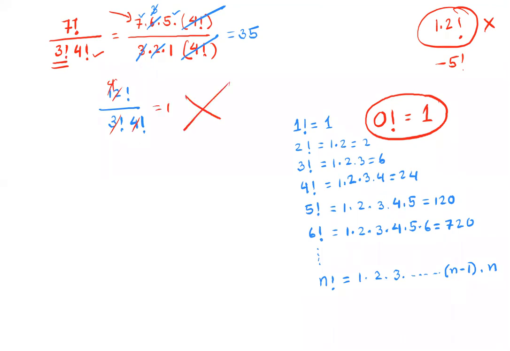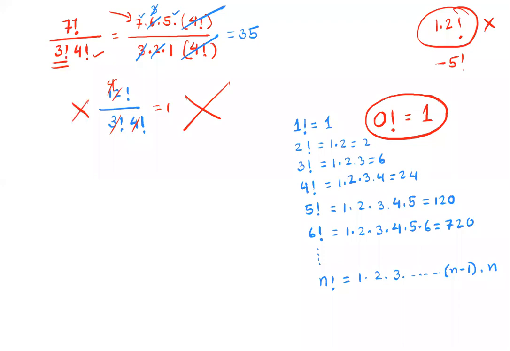That's a very common mistake that students make. You cannot cancel the factorials until you simplify them, until you break them down. So that is one of the things that you want to keep in mind. You need to be able to break it down first. So the way I did the cancellation here is incorrect.